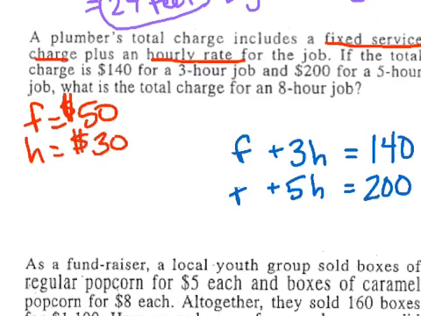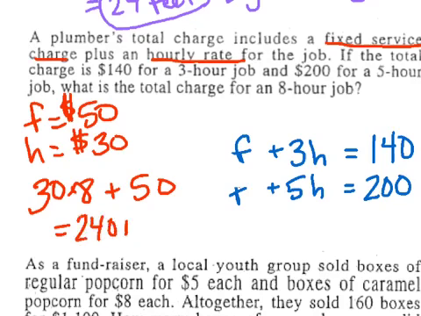Okay, so for an 8-hour job, that's going to be 30 times 8 plus 50, which is going to be, let me pull out my calculator, 30 times 8 is going to be 240 plus 50, which is $290.